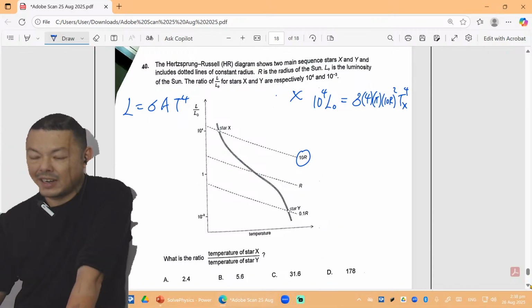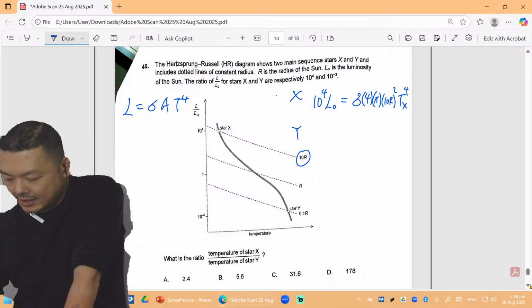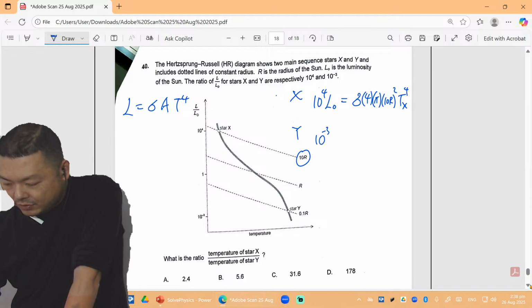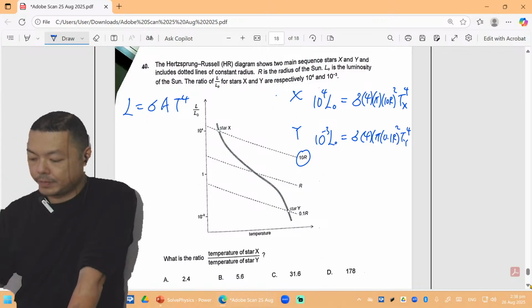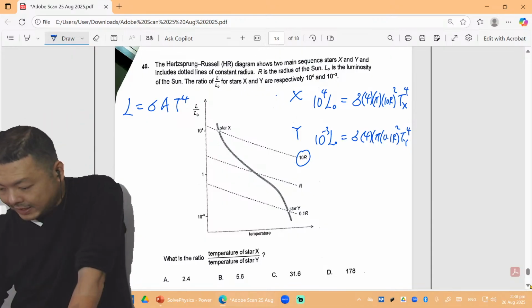Is that right? Then for Y, 10 to the power minus 3 L naught equals sigma 4 pi, right, 0.1 R squared Ty to the power 4. Then they ask you what is Tx over Ty. Is that right?